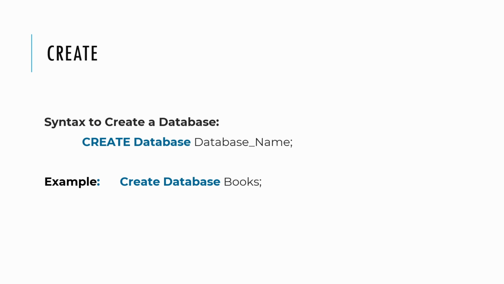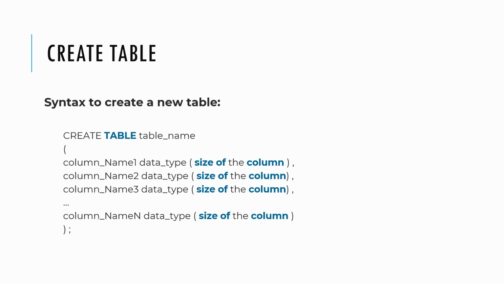Coming to the next, the create table concept. Before moving to the database, first we have to understand how to create the table. Create table, then the table name. This is the syntax. The table name, whether student or employee or college or university, whatever it is, you can give as a user-defined name. Then you insert the column names you want.